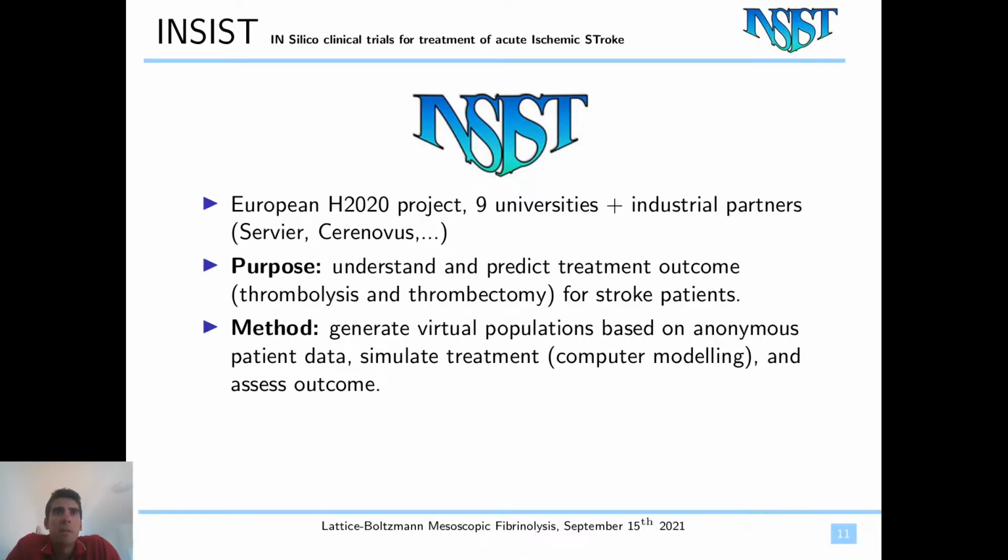In the first phase, this should be done on real anonymous patients from which we know if the treatment was successful or not. And eventually, the idea would be to be able to predict the treatment outcome for basically any type of patient in order to be able to do clinical trials that are in silico, so without having to experiment directly on the patient.